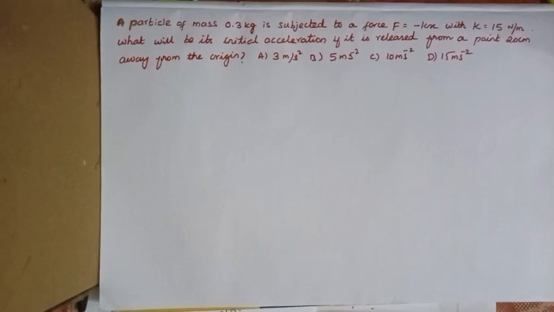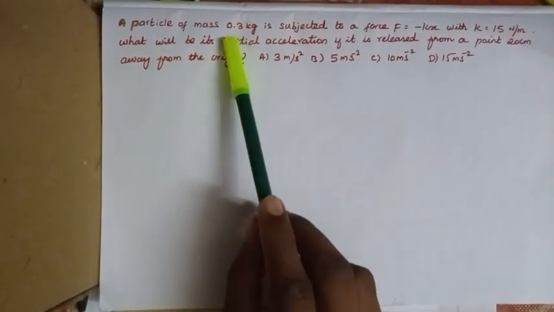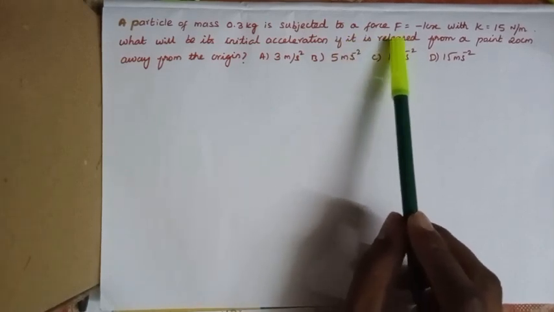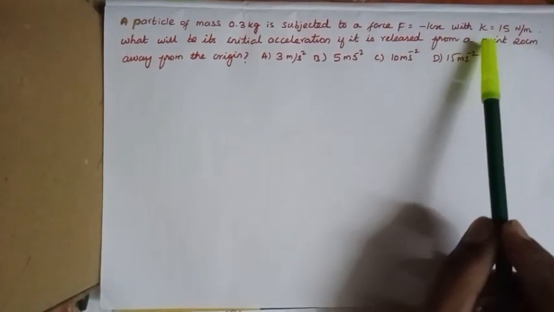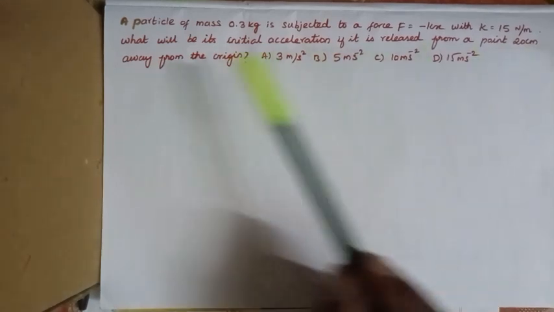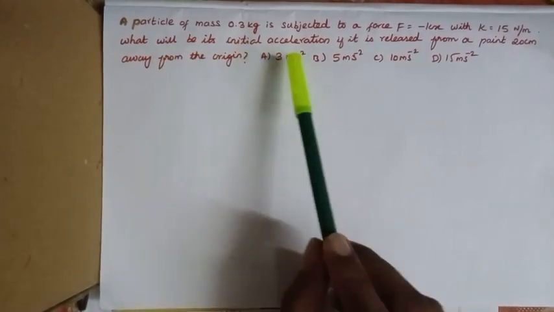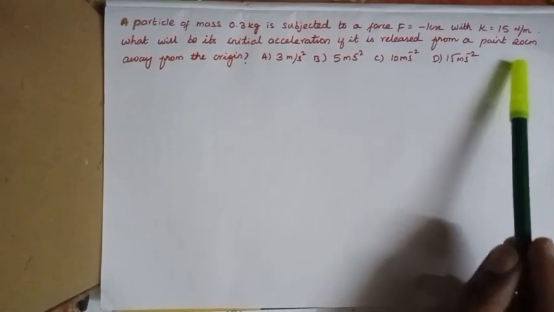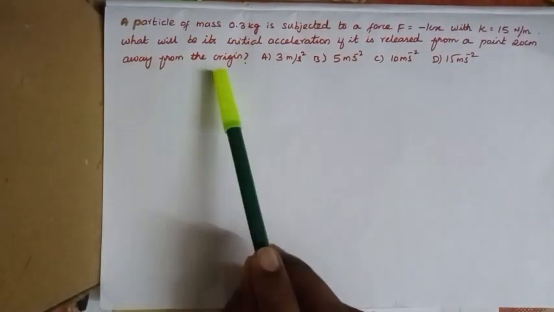So question number 3: a particle of mass 0.3 kilogram is subjected to a force F equal to minus kx with k equal to 15 Newton per meter. What will be its initial acceleration if it is released from a point 20 centimeter away from the origin?